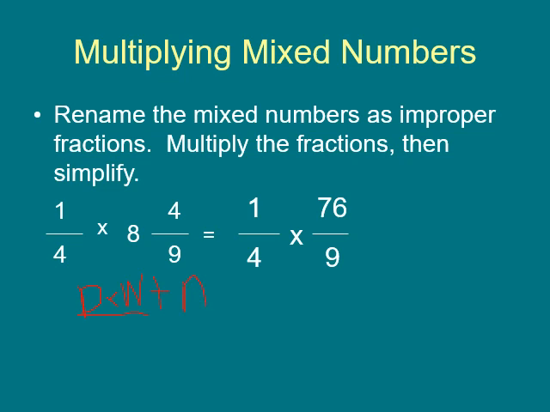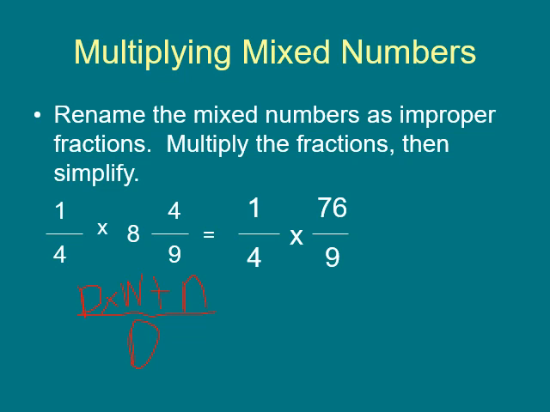Tandaan nyo yan, ha? Denominator, multiply by the whole number, plus numerator, all over the denominator para makuha natin ang equivalent improper fraction ng mixed number. Denominator, multiply by the whole number plus the numerator, all over the denominator.